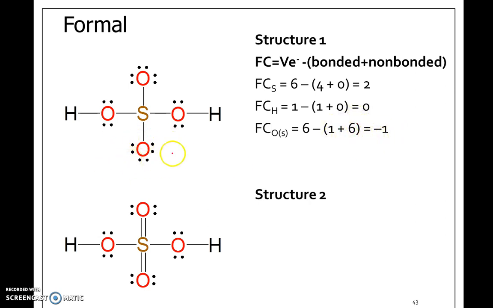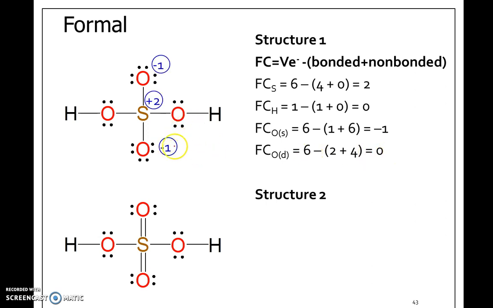So we say that this oxygen has a formal charge of -1. The double bonded oxygen still has the same number of valence electrons, but in this case has 2 bonds and 4 electrons that are non-bonded. So 6 minus 6 is 0.